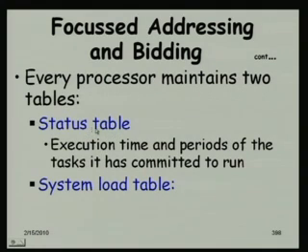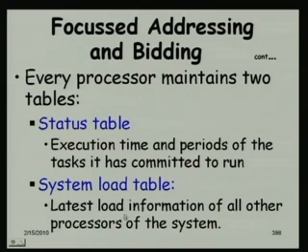So, it is about its own status. The status table of a processor is about its own status. The other table, the system load table, is about the status of other processors in the system.